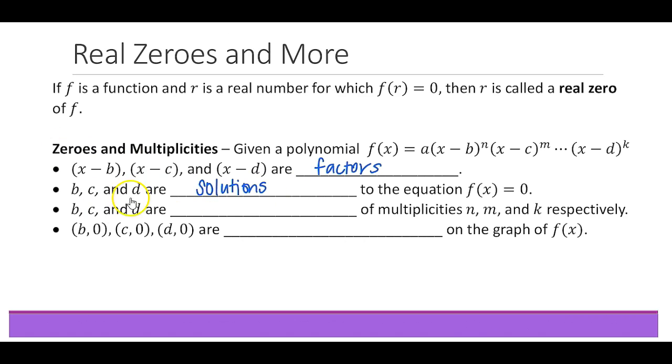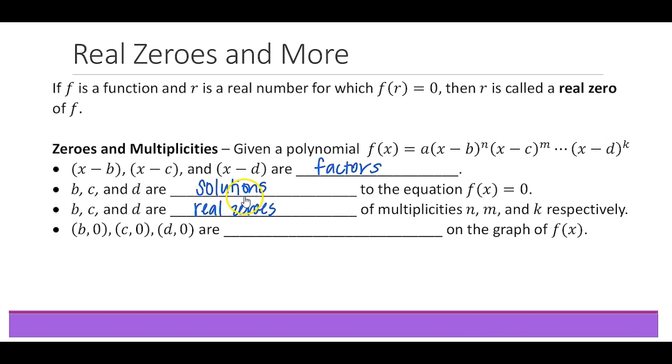Now, these solutions, b, c, and d, are again called real zeros. We just defined that above, but they are real zeros of multiplicities n, m, and k respectively. So b is a real zero from this factor, and because the power there is n, we say that b is a real zero of multiplicity n, c is a zero of multiplicity m, and d is a zero of multiplicity k.